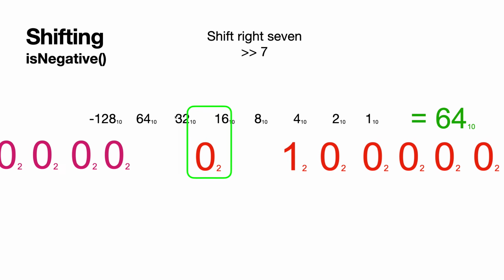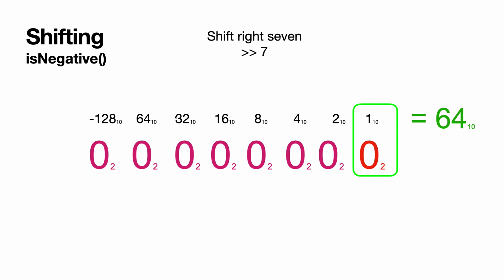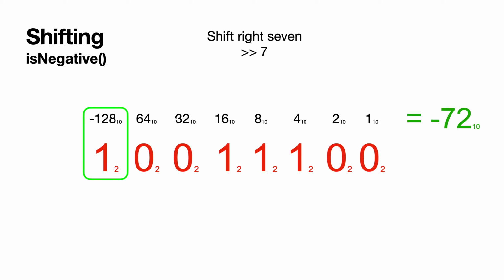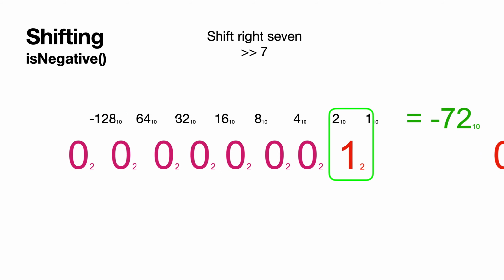If we shift by 7, we're going to take that negative bit and put it in the front. Is 64 negative? It is not. Again, all zeros is the representation for false, so that's exactly what we wanted. Now let's take a look at a negative number. If we shift it right by 7, or n minus 1, n being the number of bits, it's going to end up in this spot.